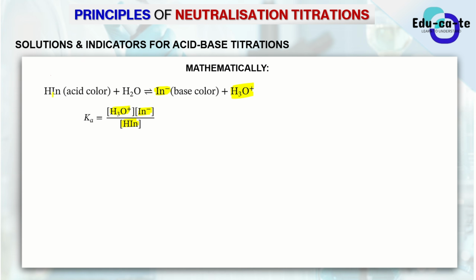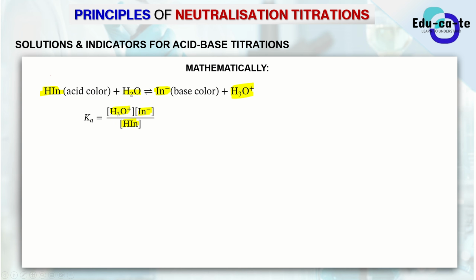In this particular case, we've got two reactants: the acidic form of the indicator, and we also have water as a reactant. Here we realize that water is a pure liquid. Remember that pure liquids in the equilibrium constant expressions have a concentration of unity, hence we exclude it from the expression.